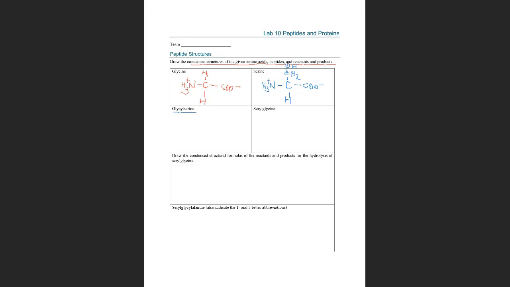If the first name that you see is glycyl, we start at the N terminal. So we are going to write the glycyl first. That means that it comes from glycine. So if you want to draw the dipeptide, you start from the left.